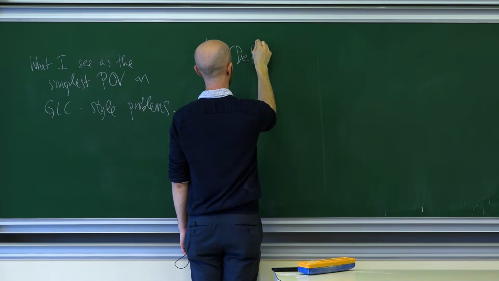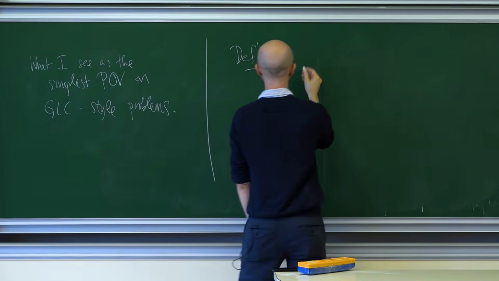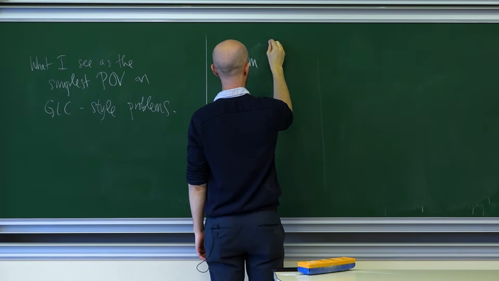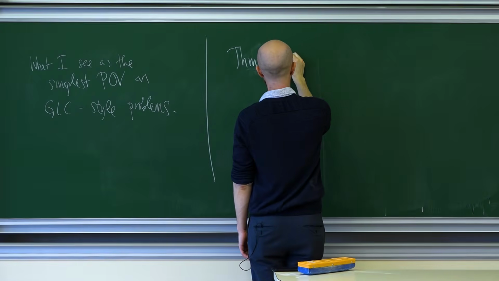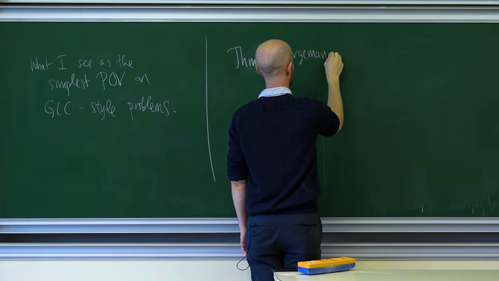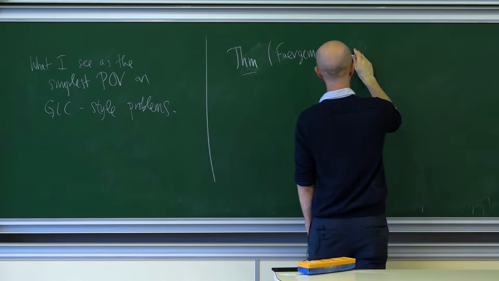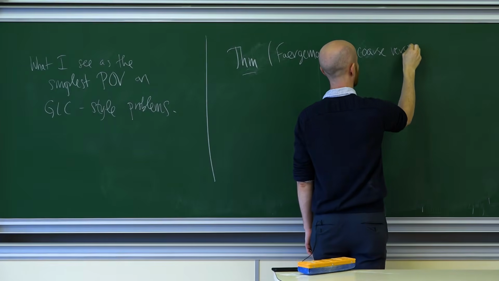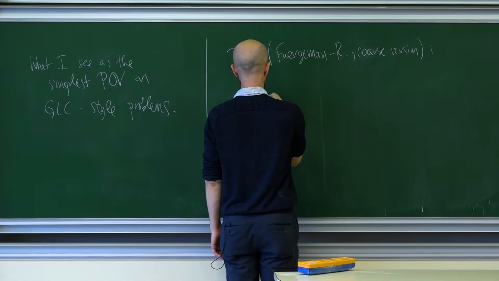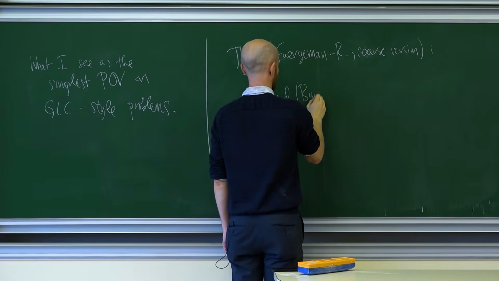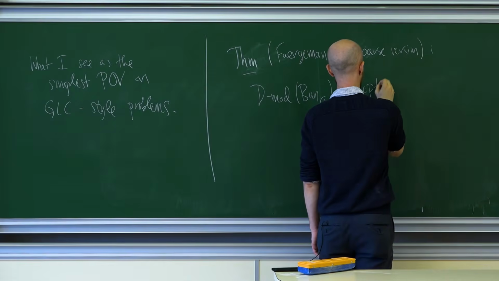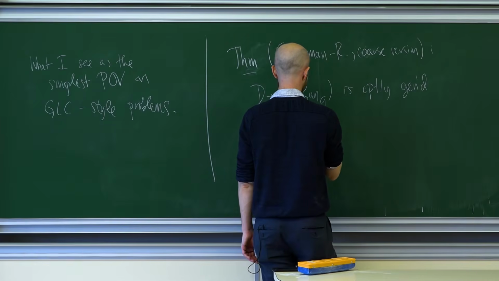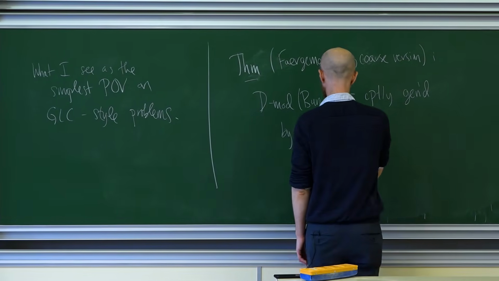Okay, let me first give a theorem, which is due to myself and Joachim. Let me comment that this is the coarse version, and I'll say something about a more refined version later. It says that this category of D-modules on G is compactly generated by two classes of objects.